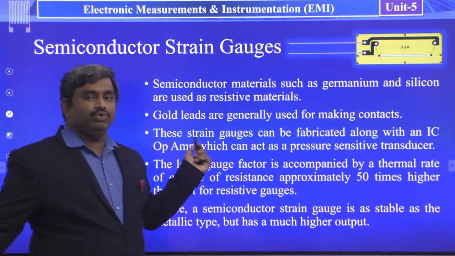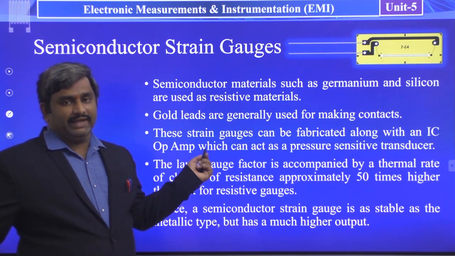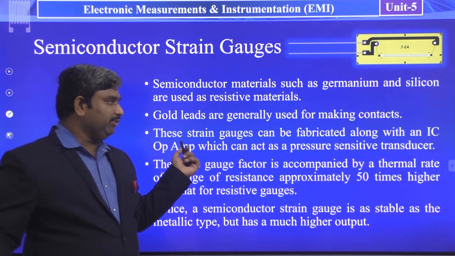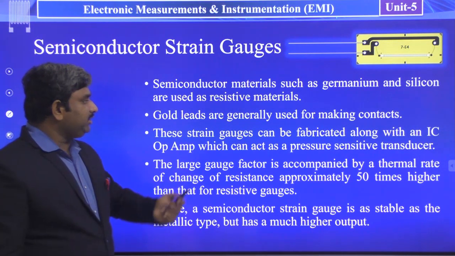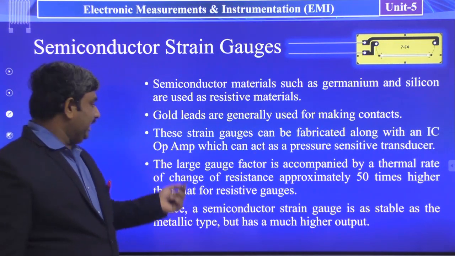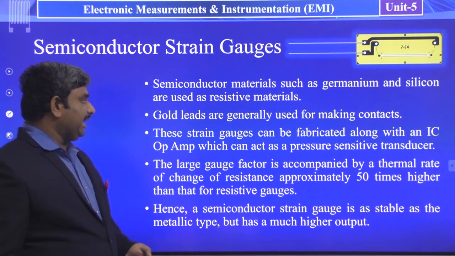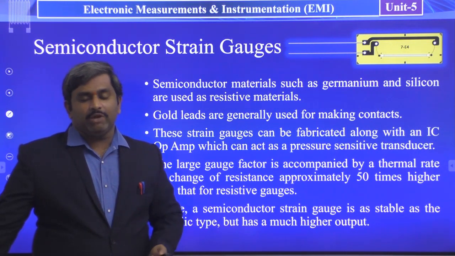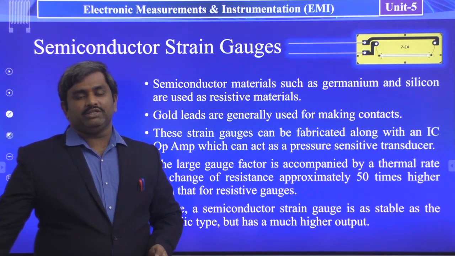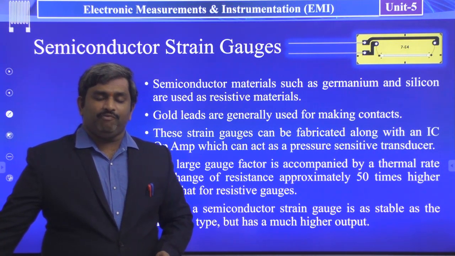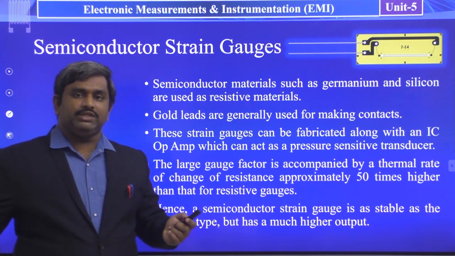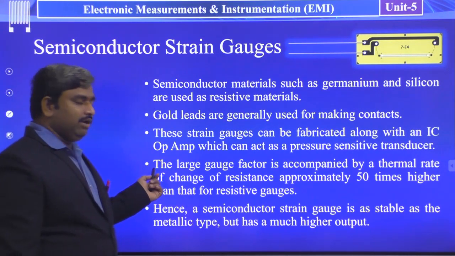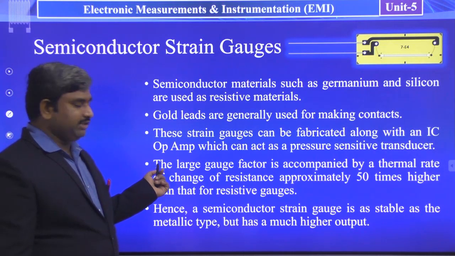For that reason, gold contacts are used; gold is a very good conductor. These strain gauges can be fabricated along with an IC op-amp, so they act as pressure sensitive transducers.